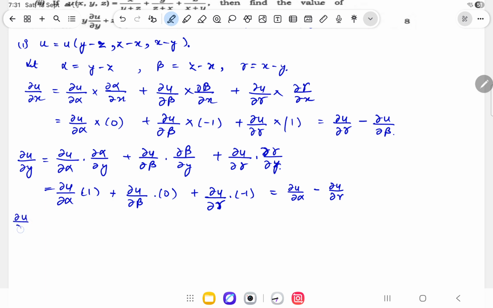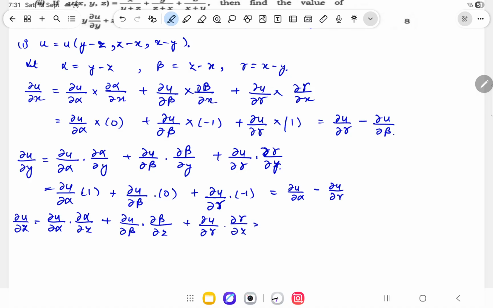Likewise del u by del z will be del u by del alpha into del alpha by del z plus del u by del beta into del beta by del z plus del u by del gamma into del gamma by del z.